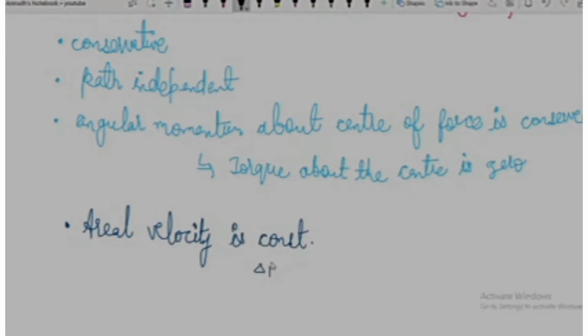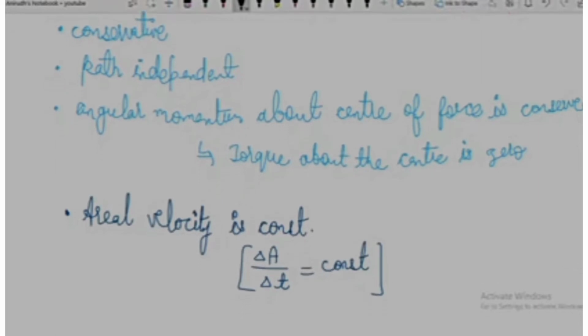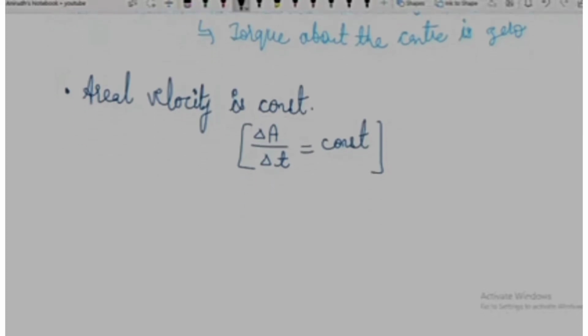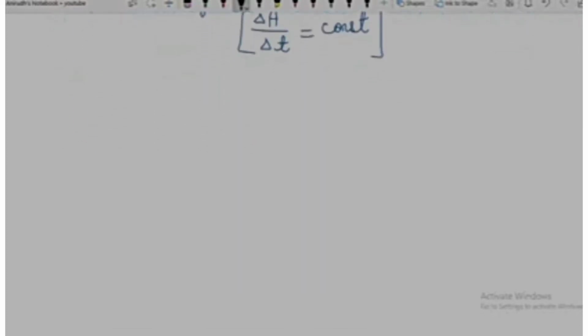We can write that delta A by delta t is equal to constant. The area covered in a particular time under a central force motion will be constant. So next we are going to find the relation between the angular momentum and the areal velocity.